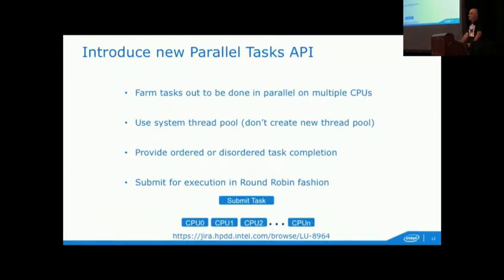For this purpose, I introduced a new parallel tasks API, which allows executing simple tasks in parallel on multiple CPUs. It uses a system thread pool instead of creating new ones, which we have in Lustre right now a lot.